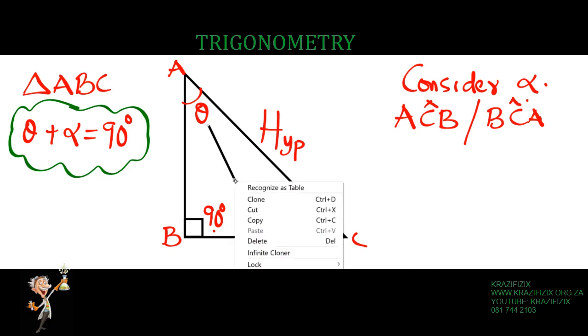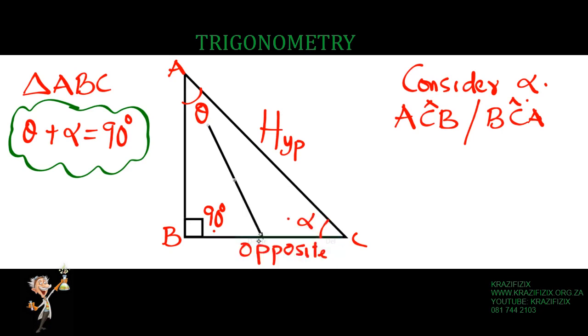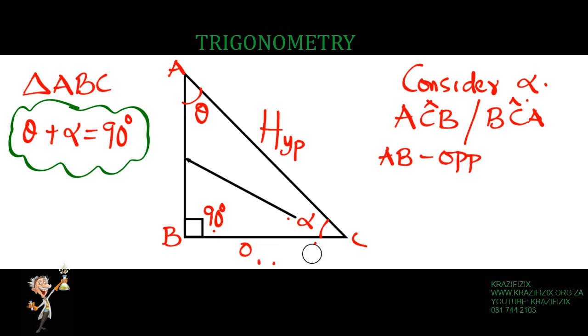Which side is therefore going to be opposite? If I go back to my angle, I'm focusing on the angle alpha. Which side is opposite? That. Okay. Can we then write the labels? What is AB? AB would be opposite.